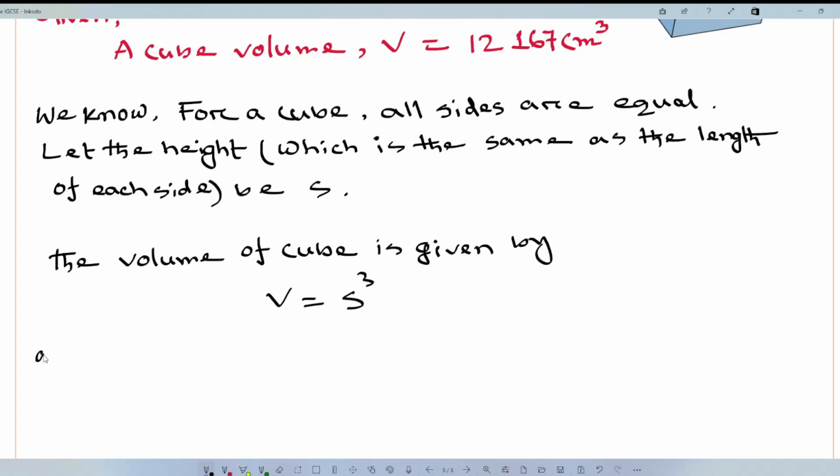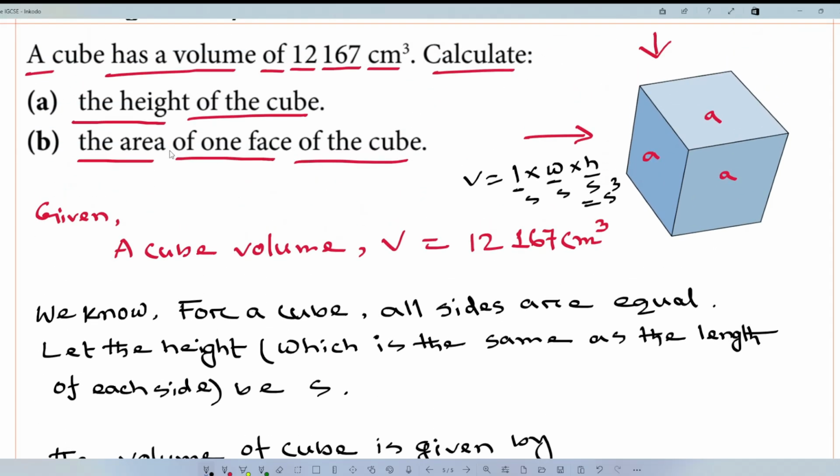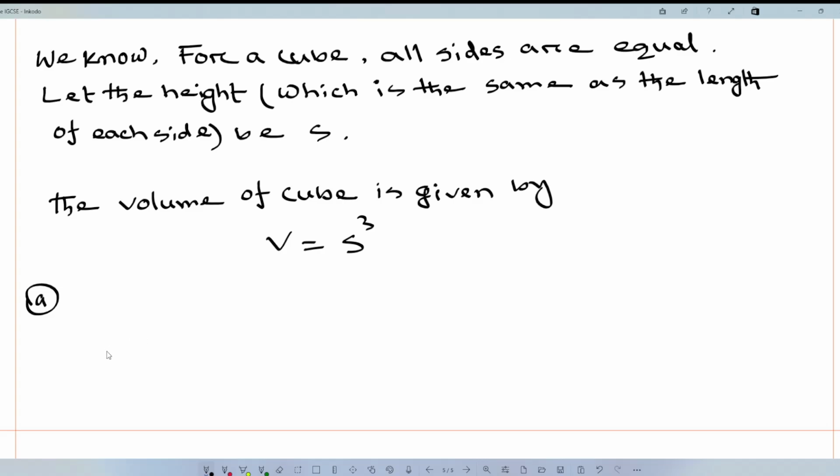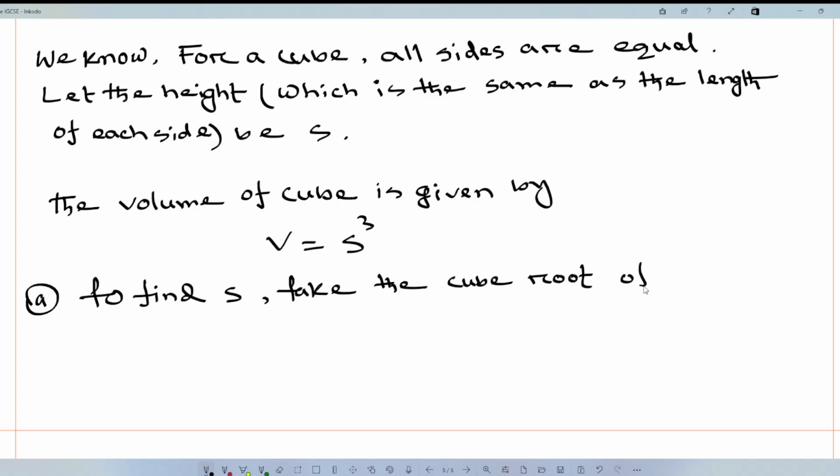So in part A, where it is mentioned the height of the cube, we have to find out. In this case we can write: to find S, take the cube root of the volume.